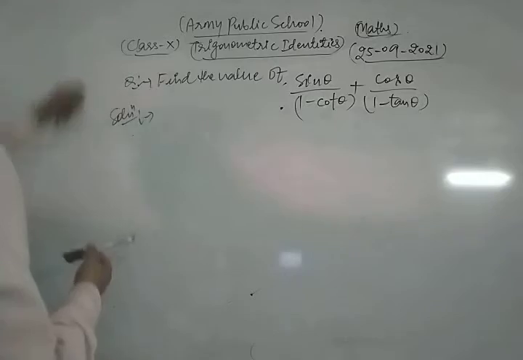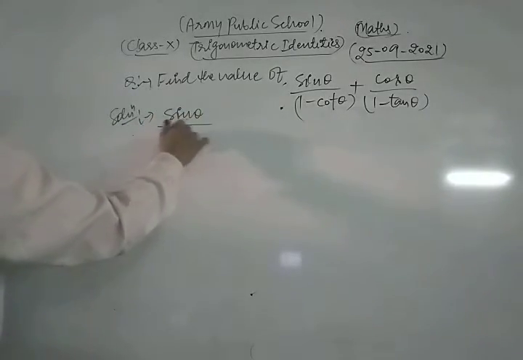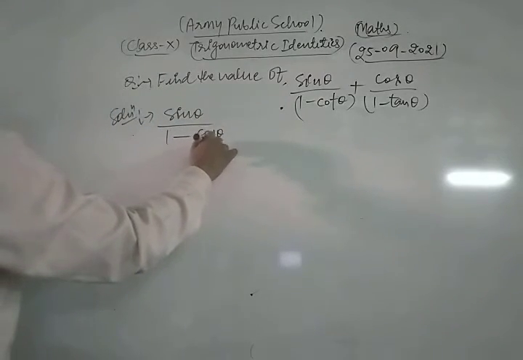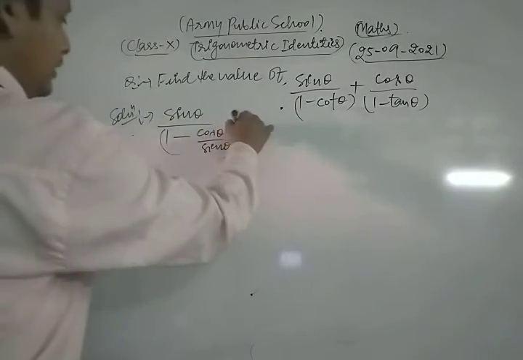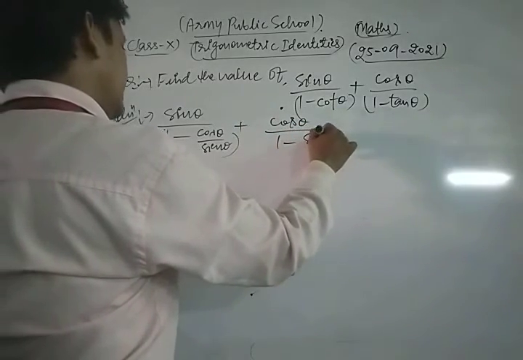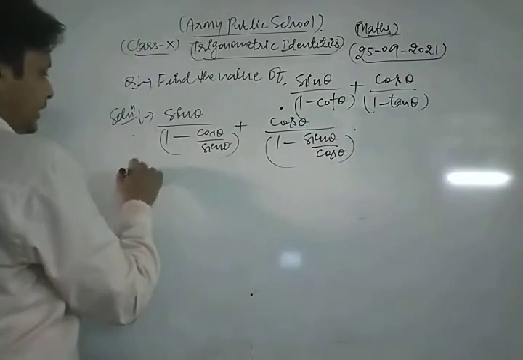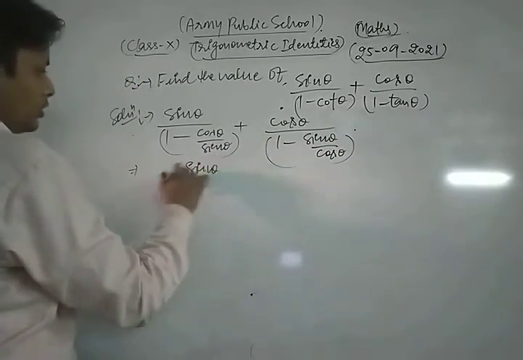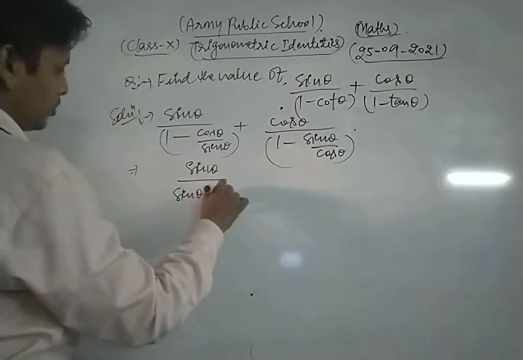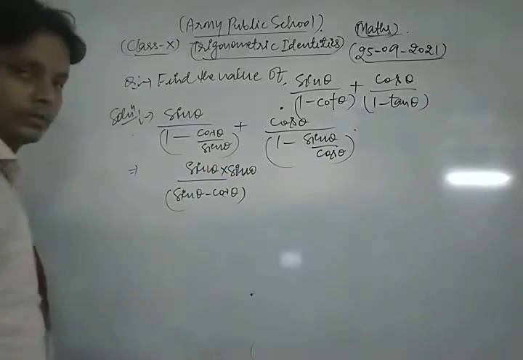So now look, this is sin theta as it is, and in the denominator we can write 1 minus cos theta upon sin theta. Now plus cos theta as it is, and in the denominator we can write 1 minus sin theta upon cos theta. Now in the denominator we take sin theta as common, so we get sin theta minus cos theta, and sin theta is transferred to the numerator.